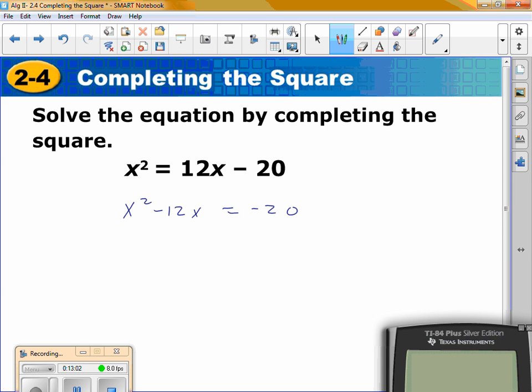Step 3, that's talking about the B over 2A, or the B over A. Sorry, B over 2. B over 2 squared. What is your B? Negative 12 divided by 2 squared. What's negative 12 divided by 2?